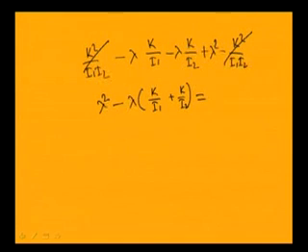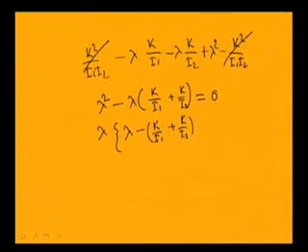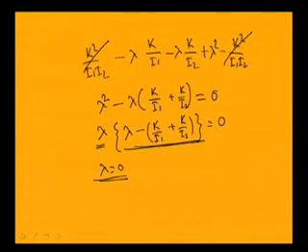If I take lambda common, lambda into (lambda minus (k by I1 plus k by I2)) equal to 0. So, either lambda equal to 0 or lambda equal to k by I1 plus k by I2.